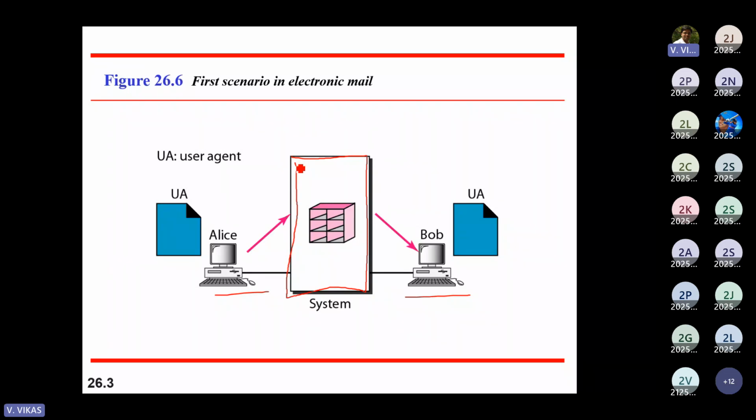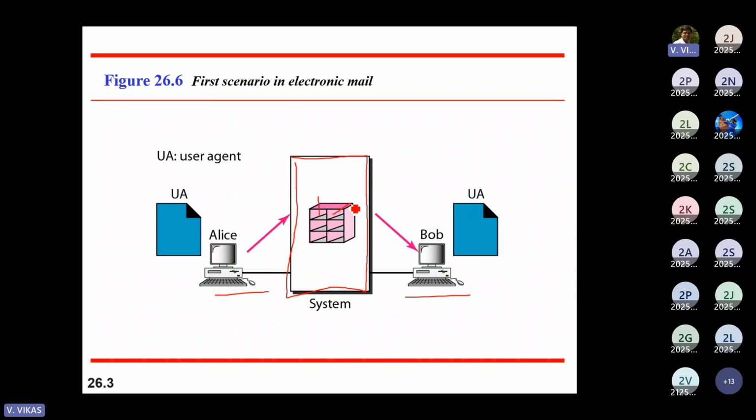And within this system, we are going to have boxes. Boxes means for each user, you are going to have a mailbox. For example, when you log into your Gmail, you will be allocated a mailbox wherein whoever sends some mail to your mail ID, that gets stored in that particular mailbox.